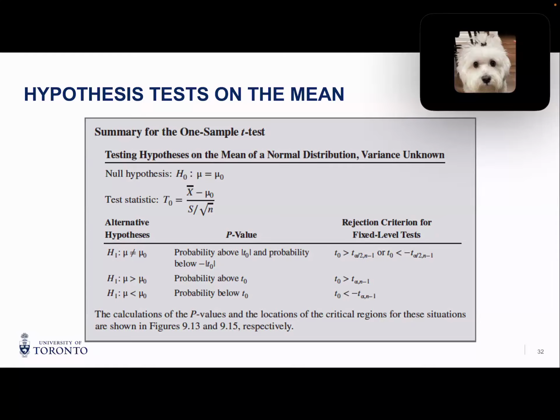Probability above, probability below. And yeah, you're using a slightly different distribution. If it's 2-sided, it's still alpha over 2, but now we've got degrees of freedom specified by the number of samples. Everything else is exactly the same. No difference. It's just realizing which one you're supposed to use given the situation.